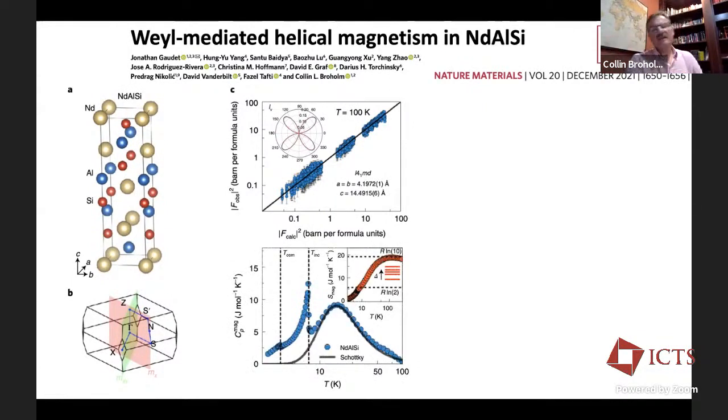But let's turn to the character of the 4f electrons in the system. This is neodymium, and the specific heat is shown here. If you look at the inset, that's a plot of the entropy versus temperature, and we see that it ends up saturating around 100 Kelvin at R log 10. It indicates that we have a J equals 9.5 multiplet.